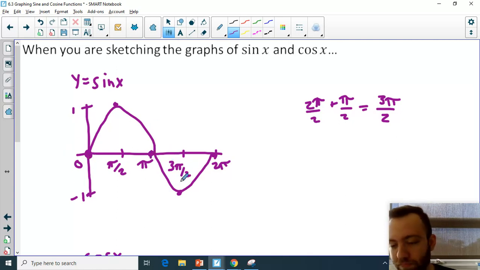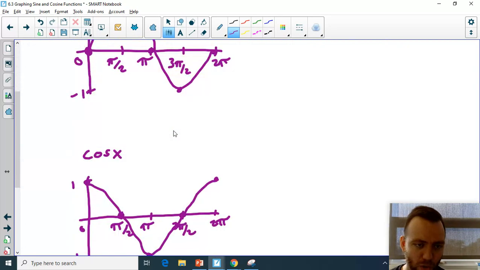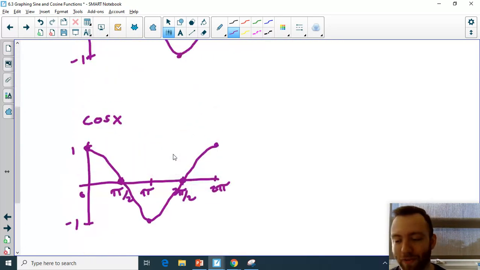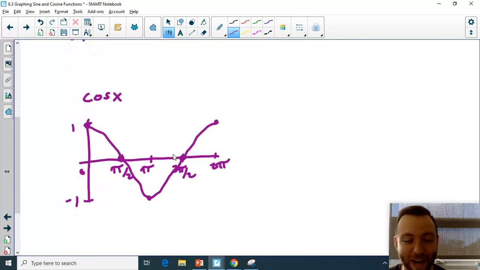Sine of pi, 0. And you might think that's kind of crazy to remember, but I think you'd be surprised how quickly, once you work with this graph, you will catch on to where everything is and just memorize it.